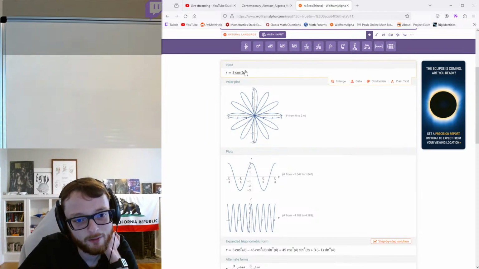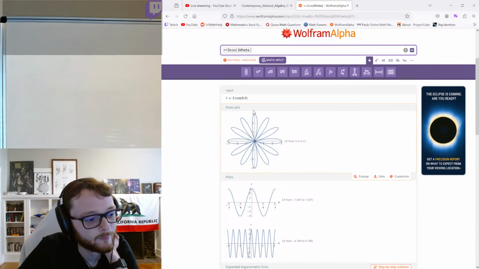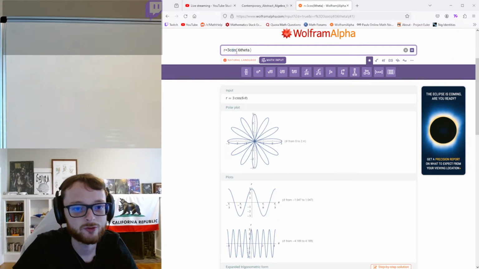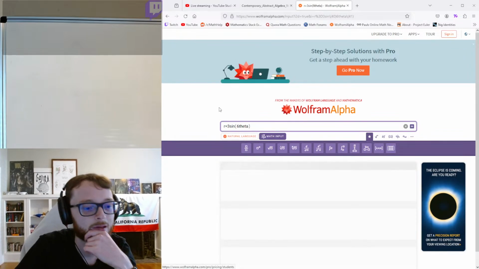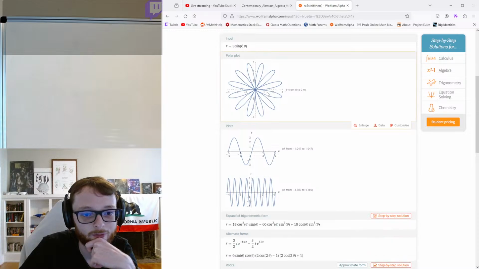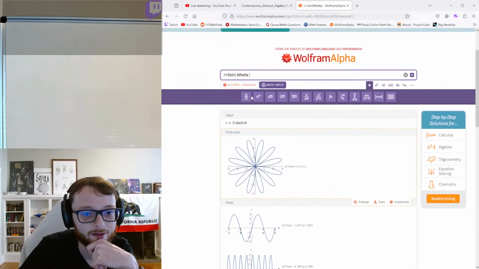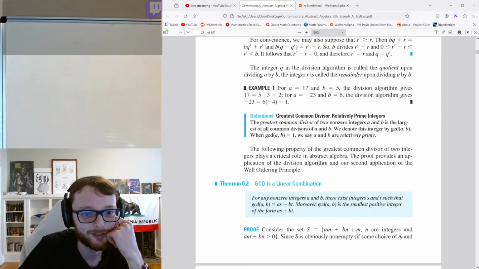So maybe it's double whatever's in front of theta? I'm not sure though. And sine or cosine will just change the alignment. So if you want to look more into these, then let me know. But I know those are a bit of a crazier one for sure.